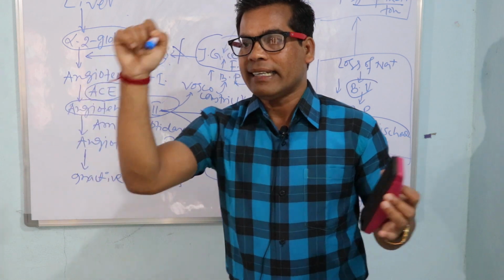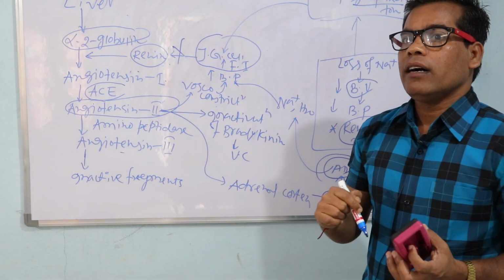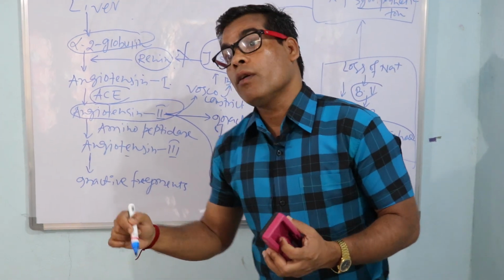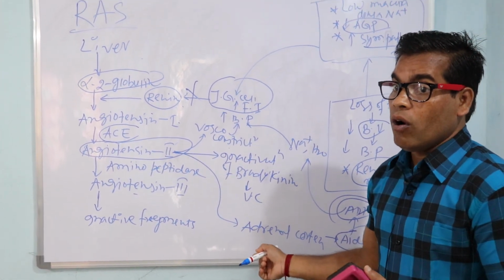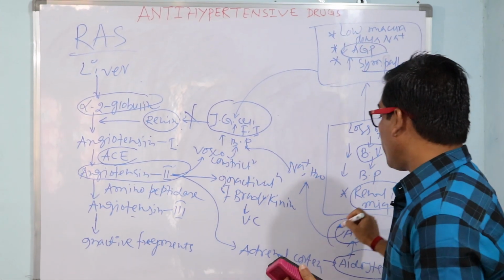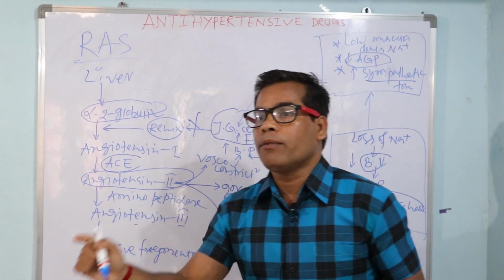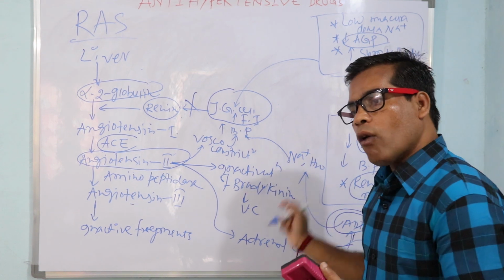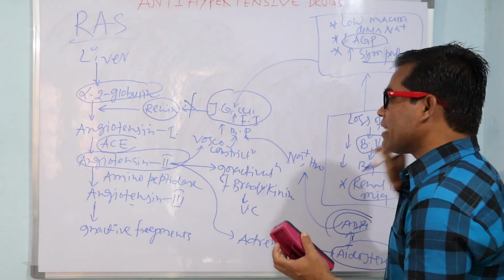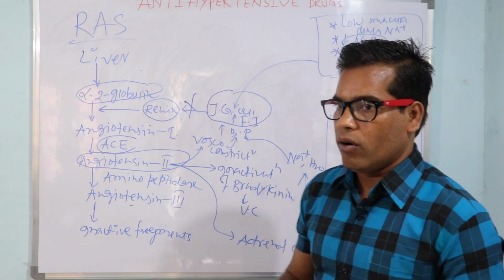The activation of cyclic AMP increases the permeability of water from the extracellular part to the intracellular part. Thus it decreases the urine outflow.